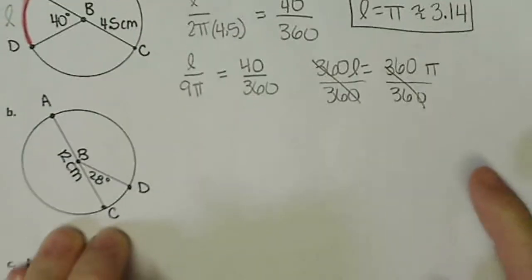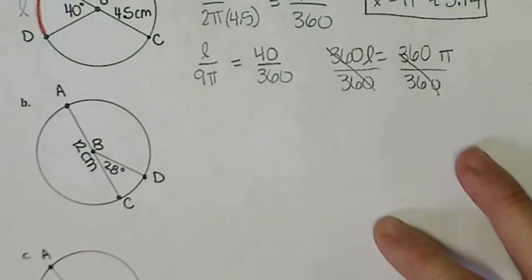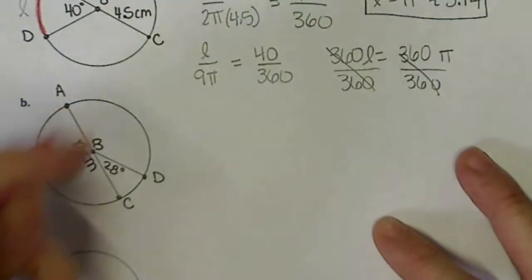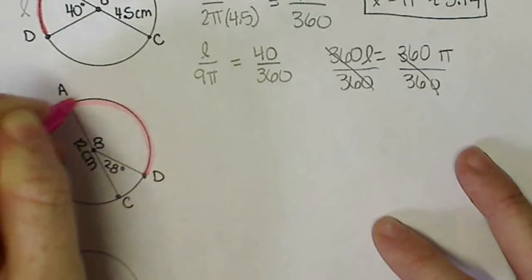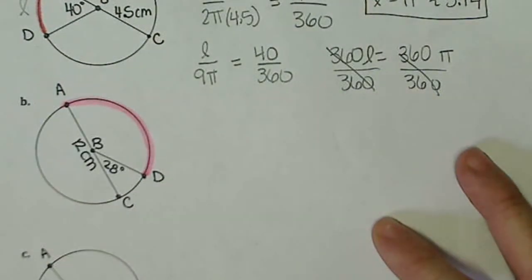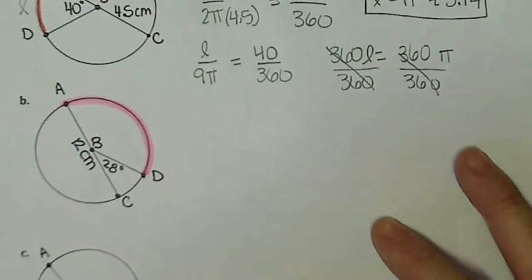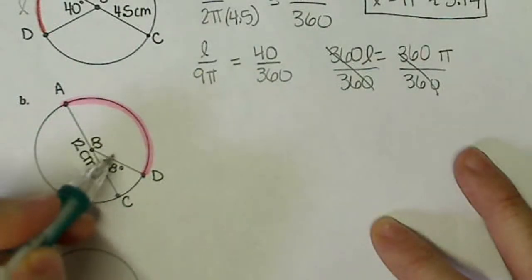Okay, example B, same arc, DA. I don't know though how big this angle is right here.